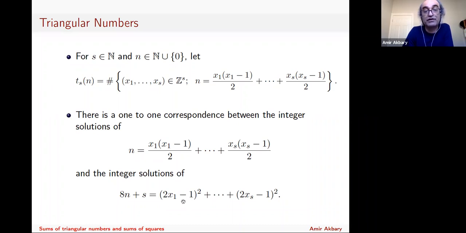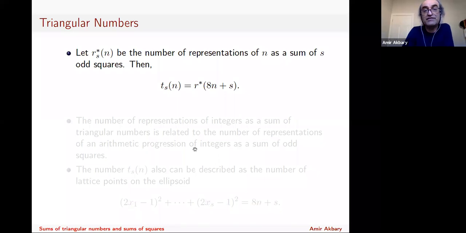Therefore, the number of ways that you can write n as a sum of s triangular numbers is the same as the number of ways that you can write 8n plus s as a sum of s odd integer squares. That was the function r star, which is going to be the same as tsn.